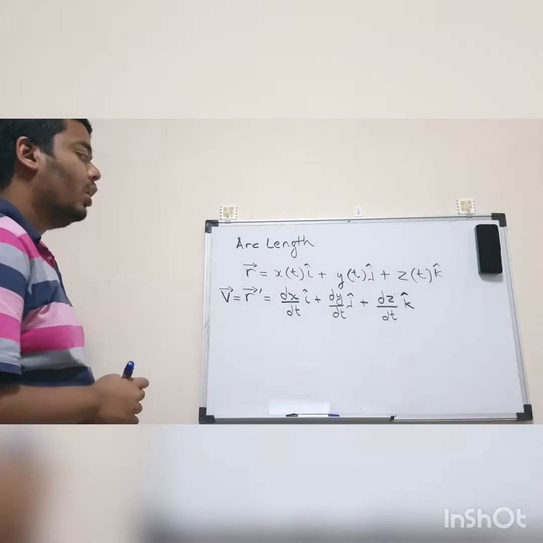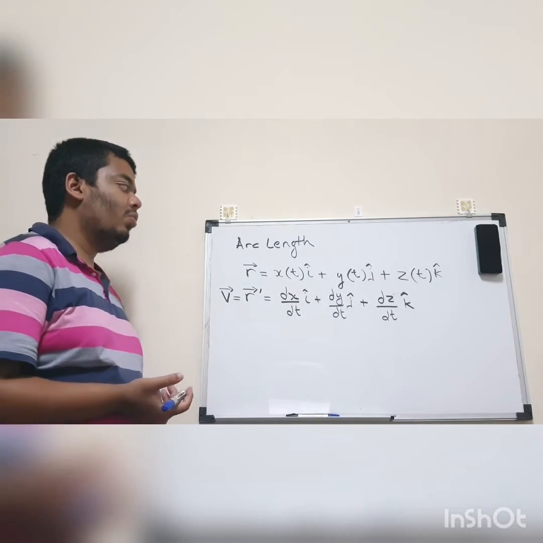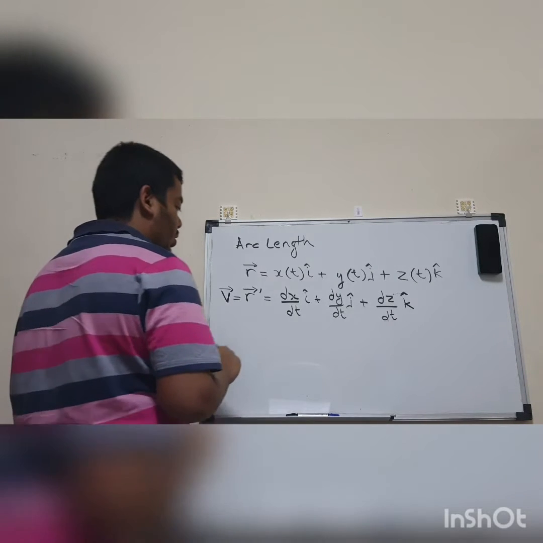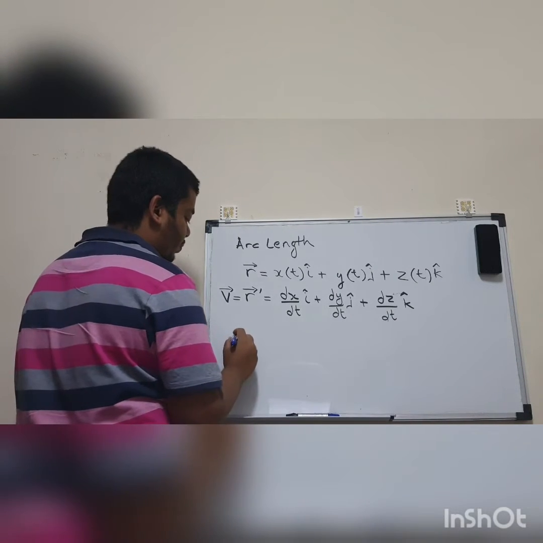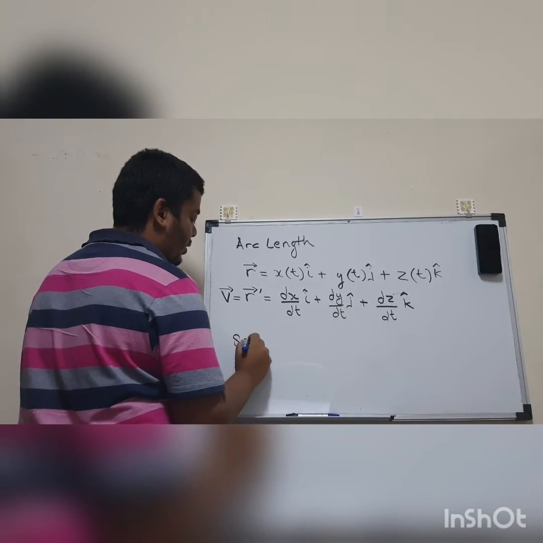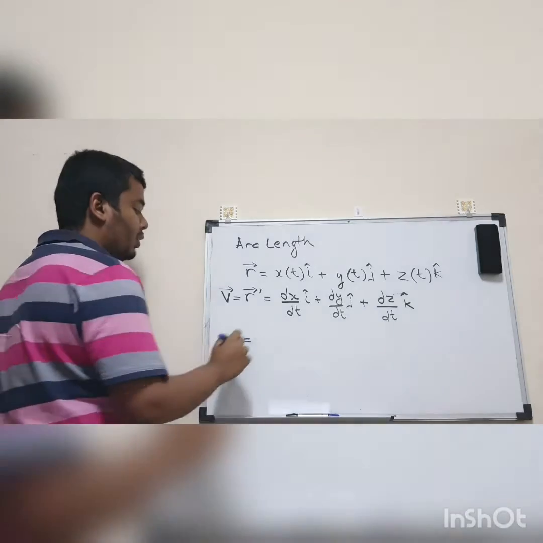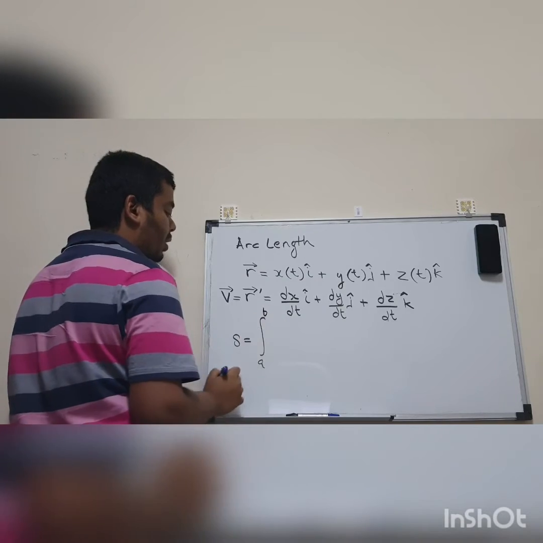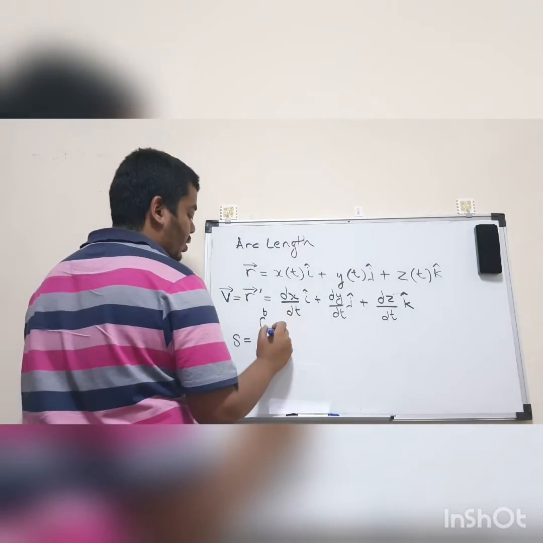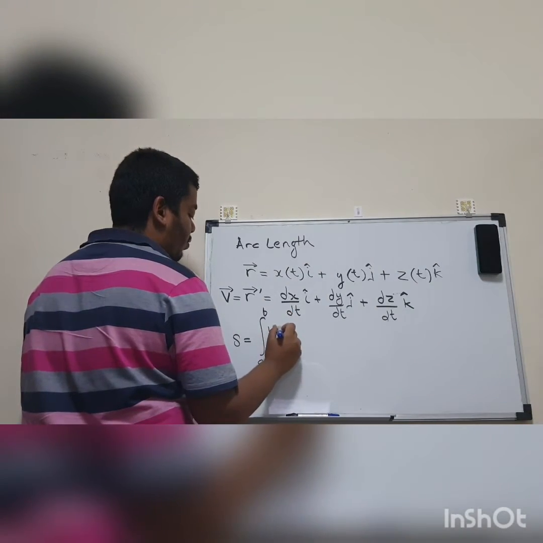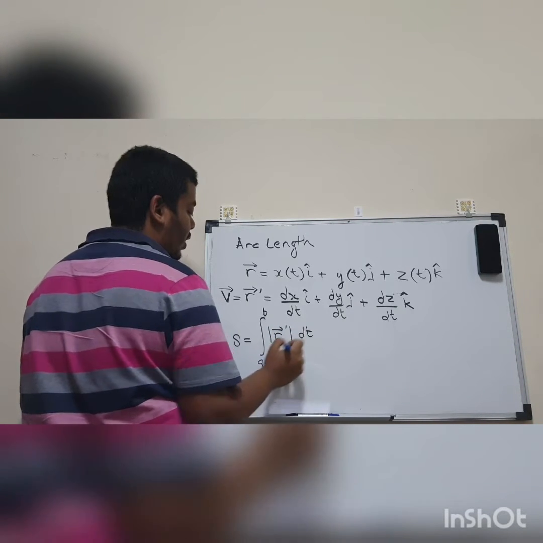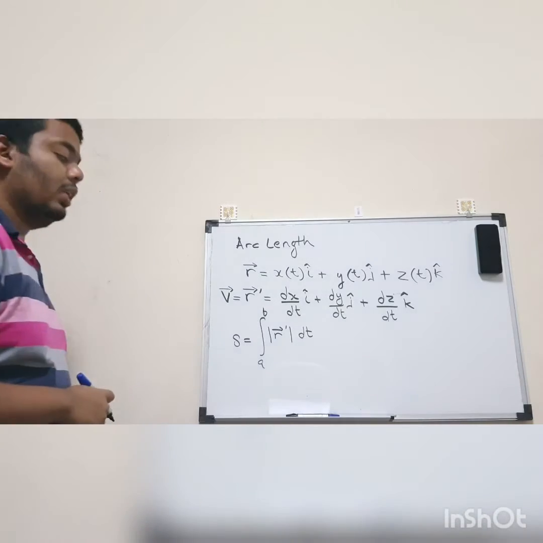Perfect. Now let me define the arc length. The arc length, denoted by s, from the parameters a to b, is the integral of the magnitude of r prime with respect to dt.